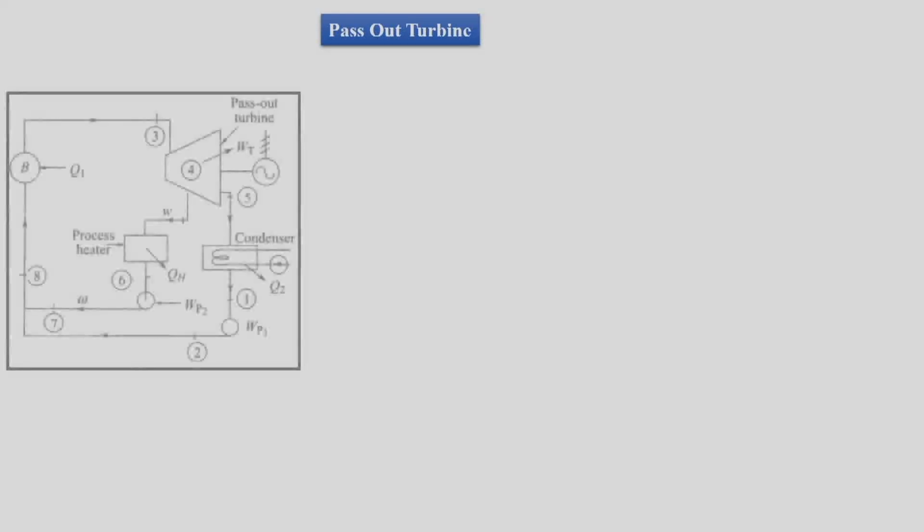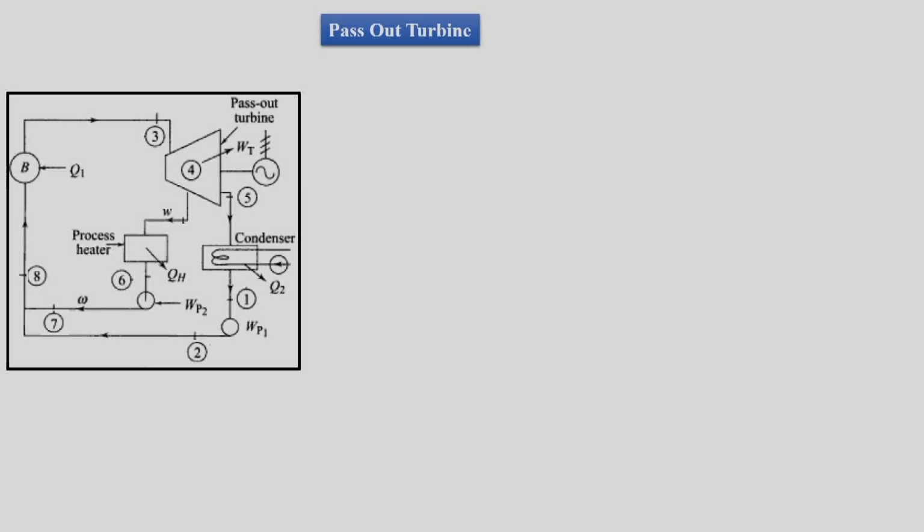But now we are seeing that there is a pass out turbine. It is a simple process like what we did for the regeneration case. We have a turbine executing the expansion process 3 to 5, but in between, at state 4, we take W amount of steam as a bleed, at the desired pressure for that process.